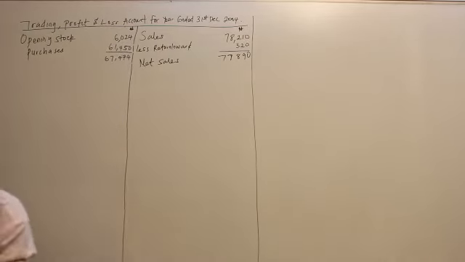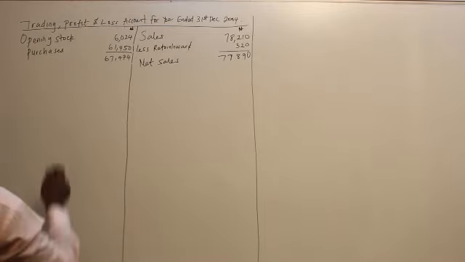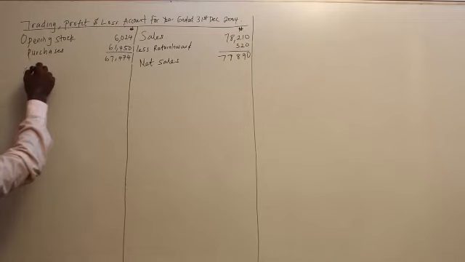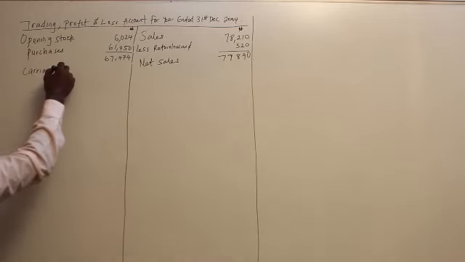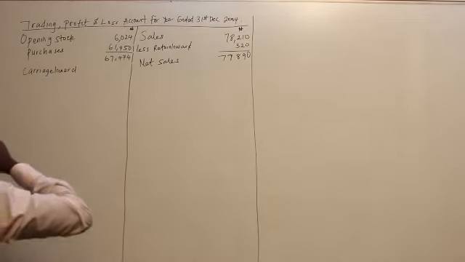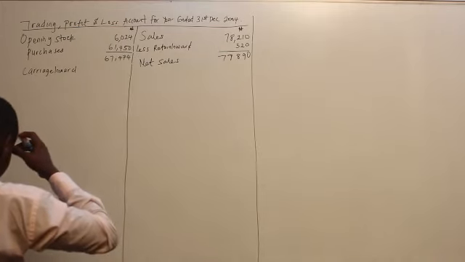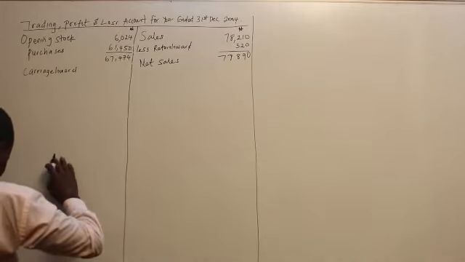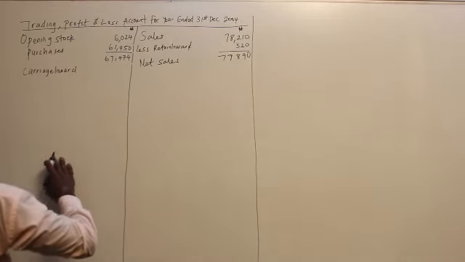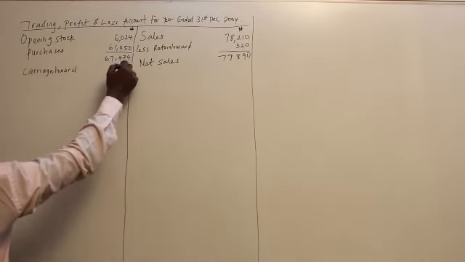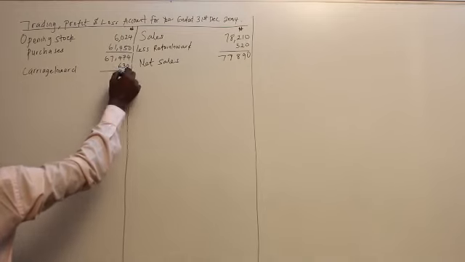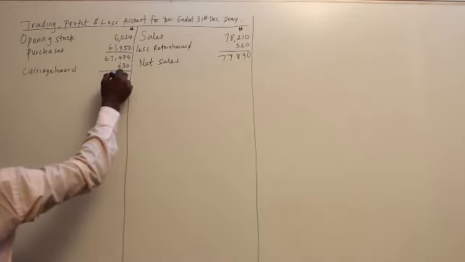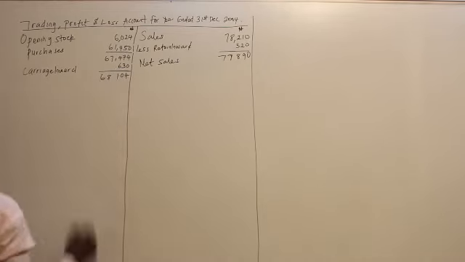We had that, so I can have 47,476. So we have carriage inward, we're going to add that to it. We have carriage inward in the period, which is actually 630. That will be 40,186.